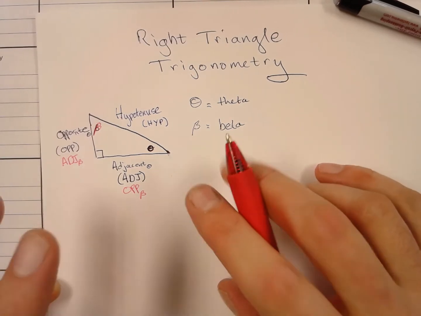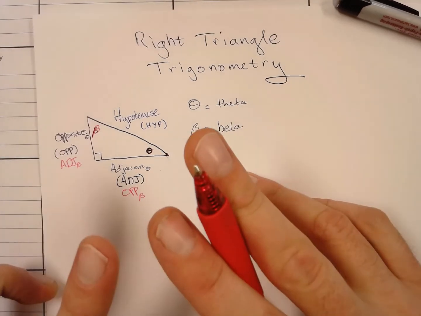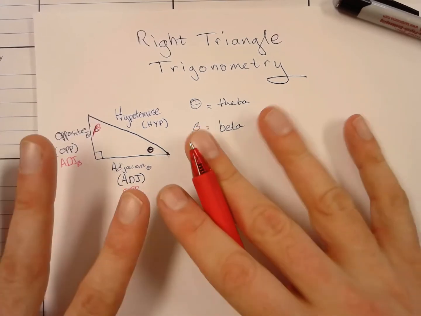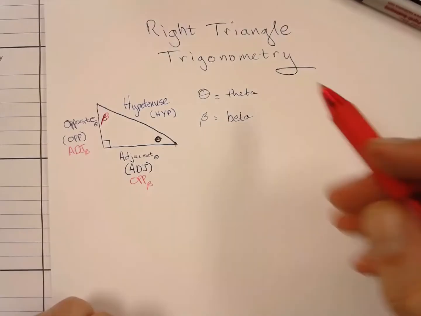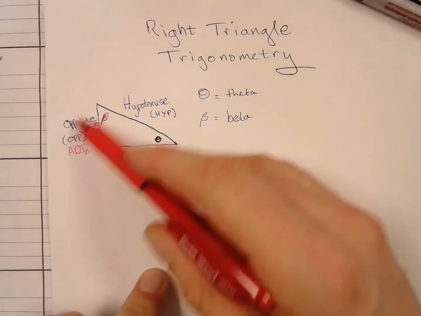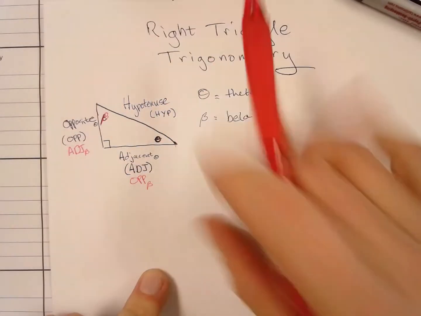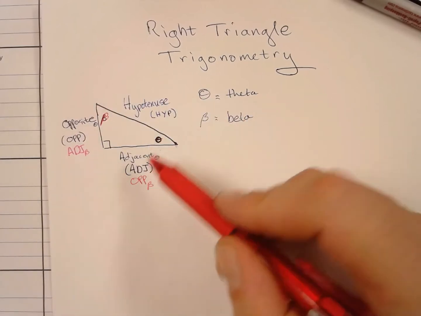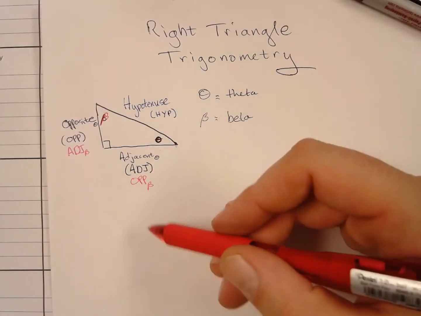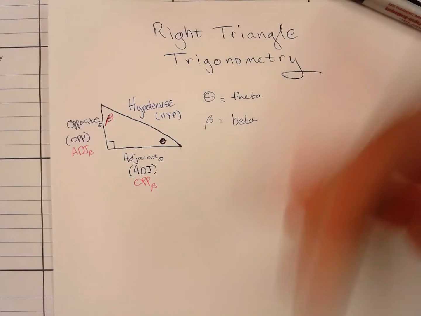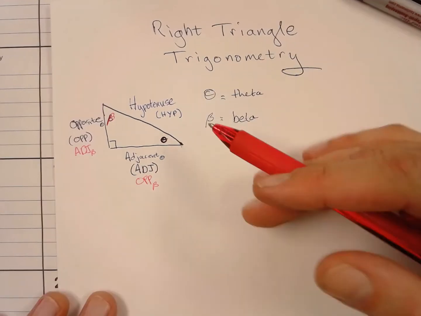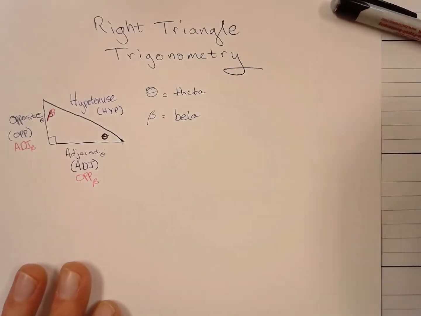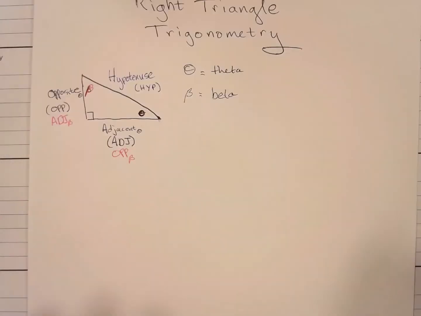So, adjacent, opposite, hypotenuse. When presented a problem, we need to orient ourselves on the triangle so that we're very sure certain sides are opposite acute angles, certain sides are adjacent to acute angles, and obviously the side that's opposite the right angle is the hypotenuse. So that's just a little bit of orientation.